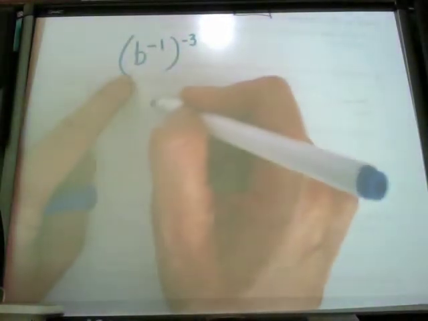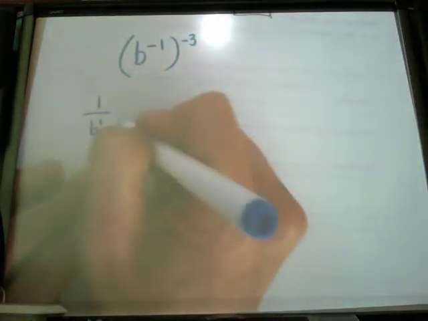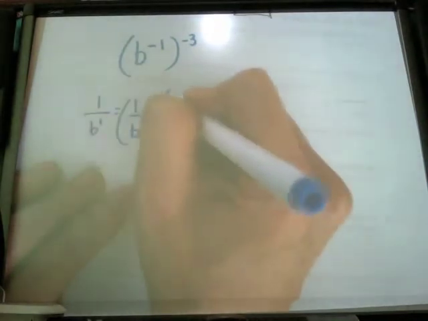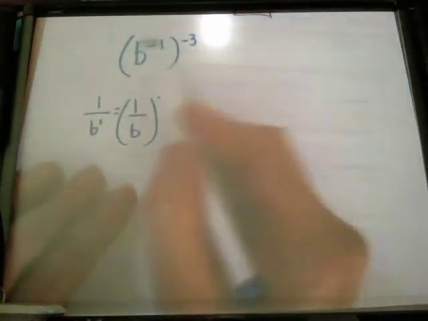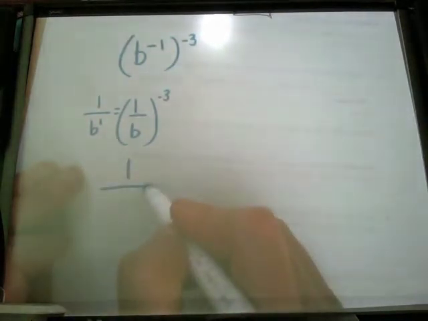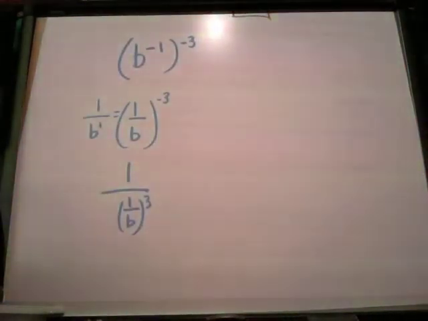So again, you don't need to write this down. We'd put 1 over b to the positive 1, which is just over b. And then this is to the negative third, right? See, so I just simplified the inside, and I still have this negative, and then I'd go 1 over b to the, it gets really confusing if you do this. You can do it this way, but it's harder.